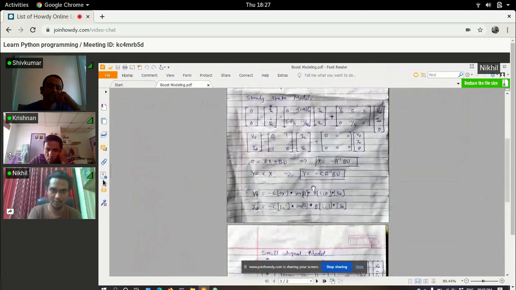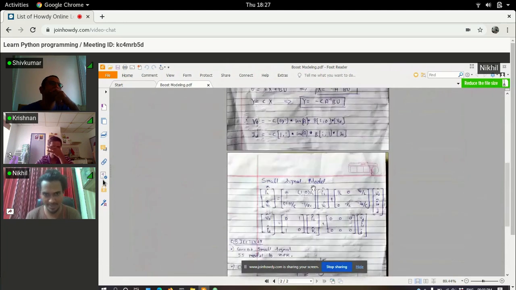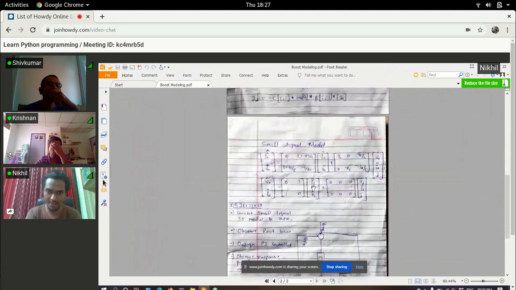So we first design a steady state model, then compute output values and whatever values you require to design your small signal model, and then you go forward designing your control. That's how we were taught in our college, so that's why I'm following this algorithm.